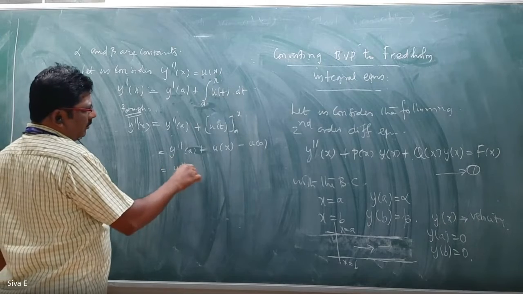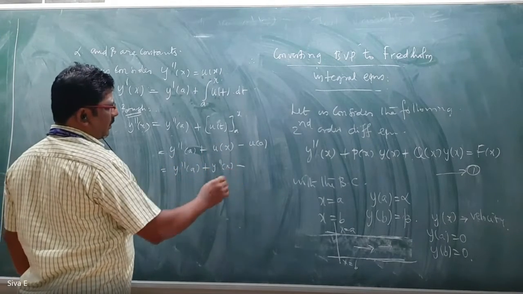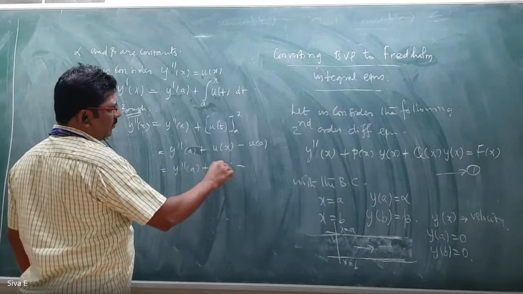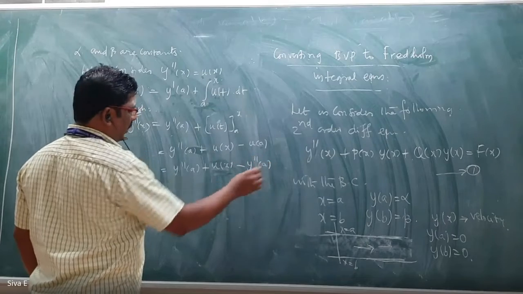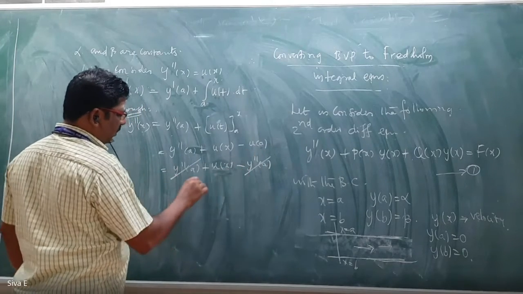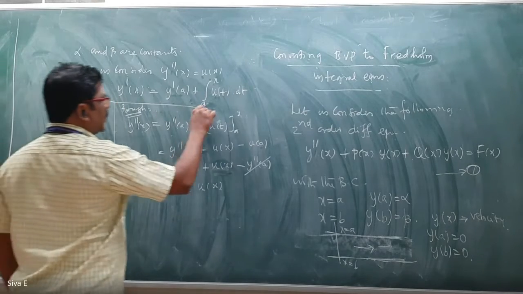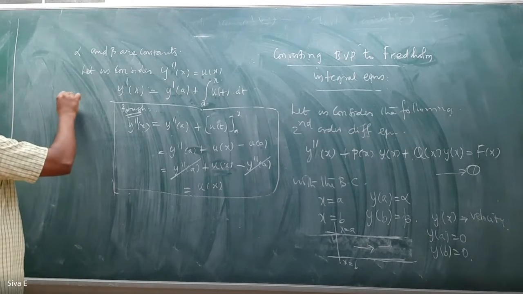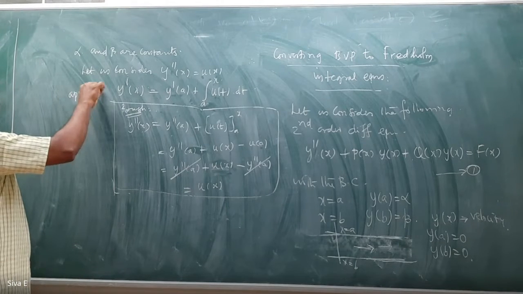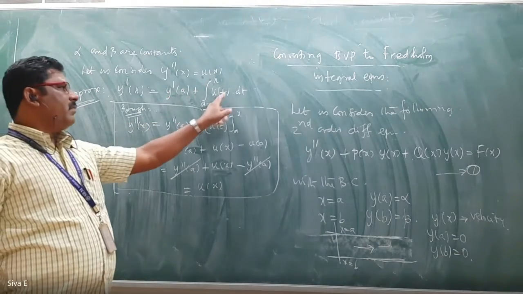But u of a you can write as y double dash of a. This gets cancelled, so you will get u of x. So, when you are integrating one time, you will get y dash of a plus integral from a to x of u of t dt.